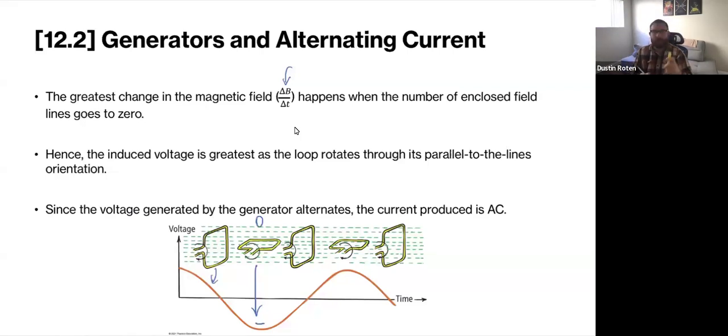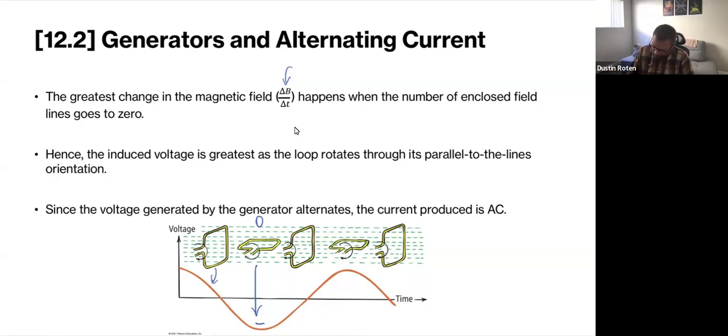So here's our minimum and maximum. Usually when I say maximum, I just mean the largest value, whether it's positive or negative, but that's a poor choice of words. So we'll say, here's when you get the min and max voltage, is when your plane is parallel with the magnetic field.